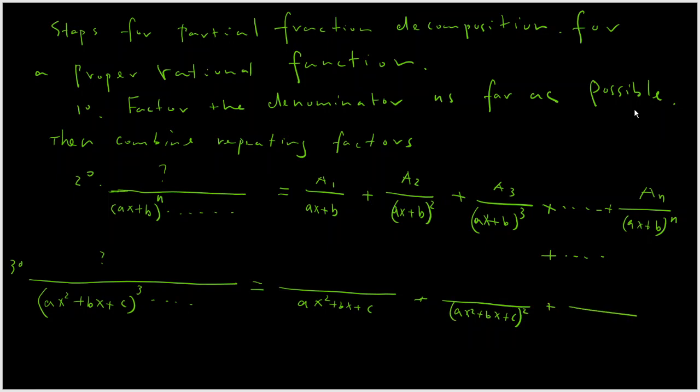The third term is going to be comparable to the case in step 2, and then plus c to the power of 3. Of course, there will be many other terms.